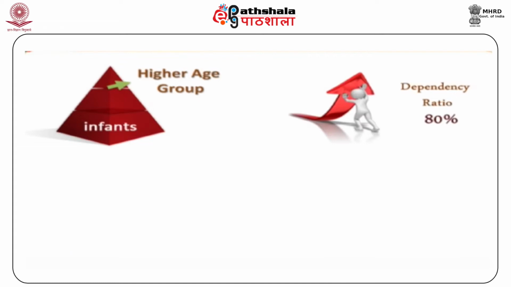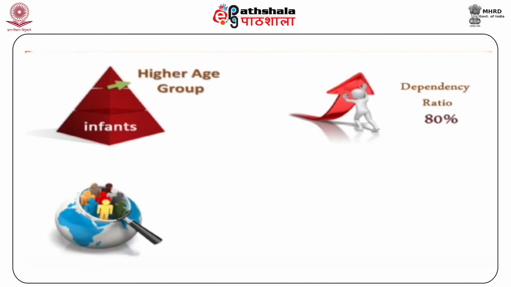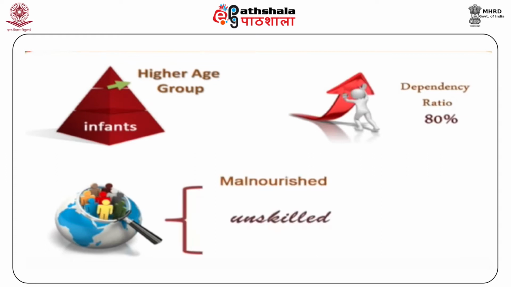The majority of the population lived in rural areas and the extent of urbanization was very slow till 1921. Even by 1941 to 1951, 4/5 or 80% of the population was rural. The majority of the population was malnourished, unskilled, and illiterate.